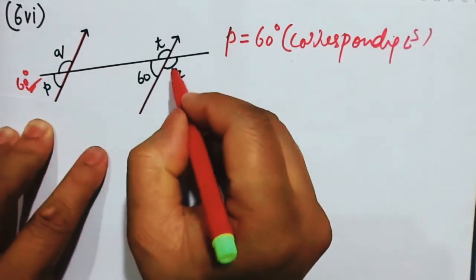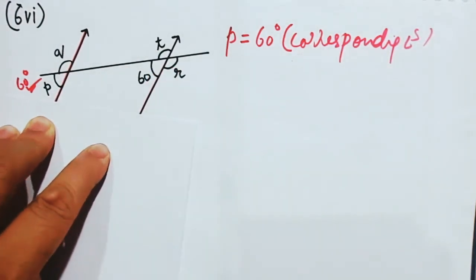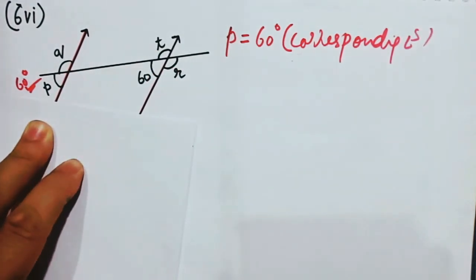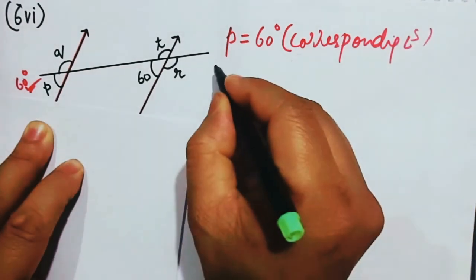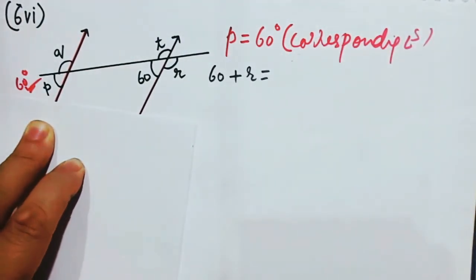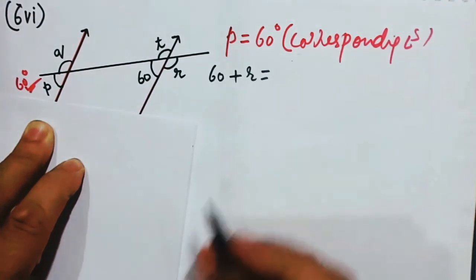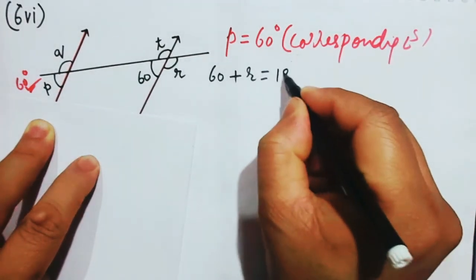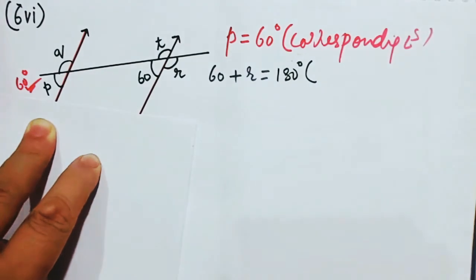Now what about R? So 60 plus R will be equal to how much? So 60 plus R will be equal to 180 degree. And what is the reason for that?